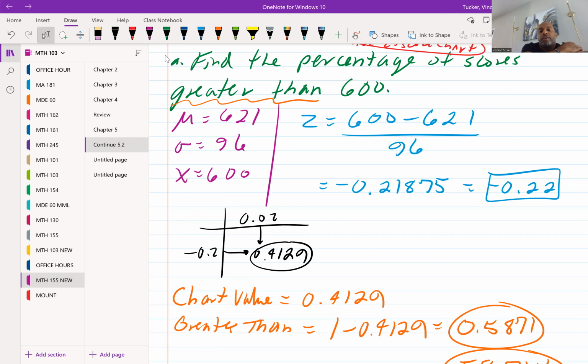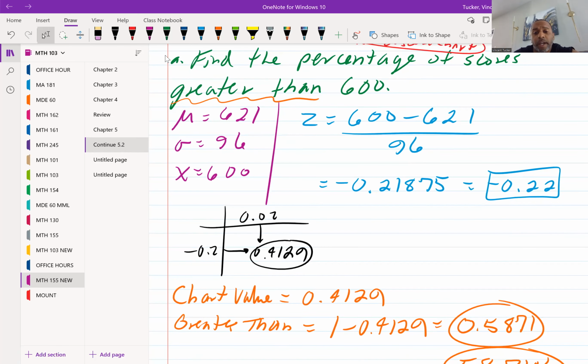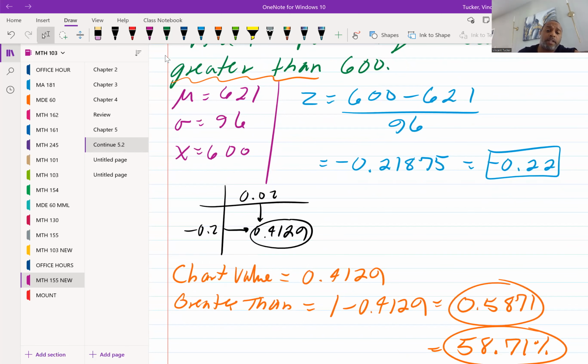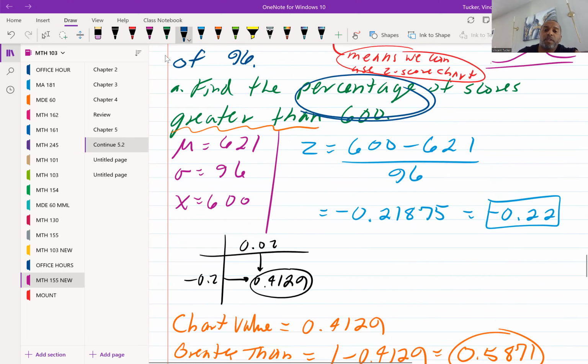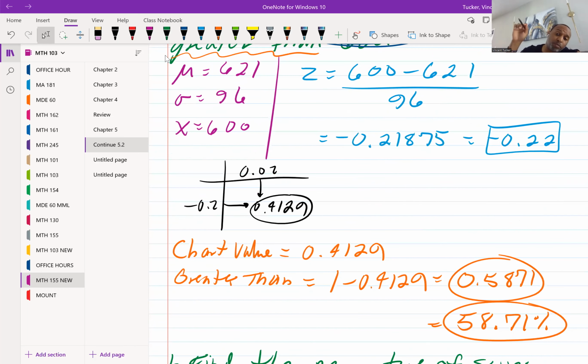So we want greater than. Remember, the chart always gives us less than. So if we want greater than, we do 1 minus the 0.4129. And that gives us 0.5871. And they said in this problem that they want a percentage. So move the decimal 2 places to the right, that'll be 58.71%.